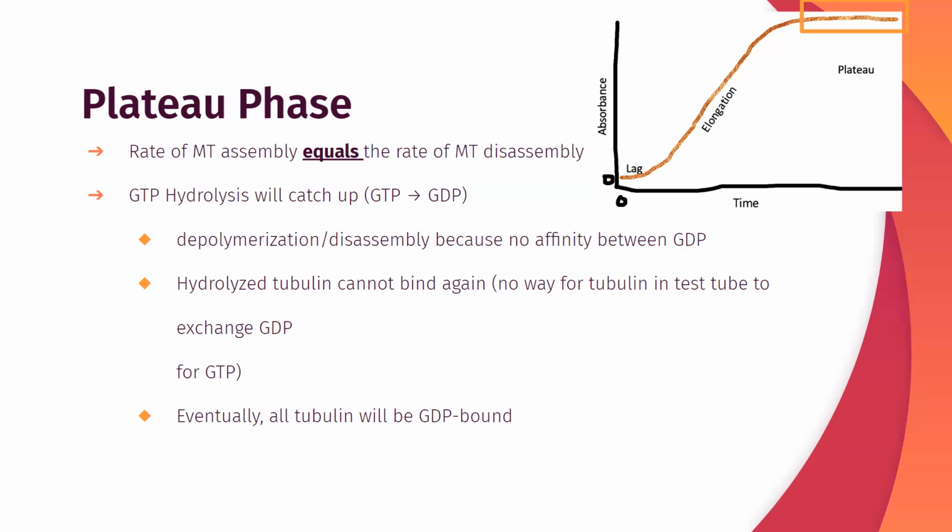It might reach out too far this way because it doesn't have eyes, it doesn't know where it's going, so it needs to depolymerize. The dynamic instability is a good thing, because since we have more GTP available, it can start to polymerize again, put that GTP cap back on and find our kinetochore. But in a test tube, once we've hydrolyzed all of our GTP, we don't have any way to get it back, so we'll have catastrophe. Make sense?